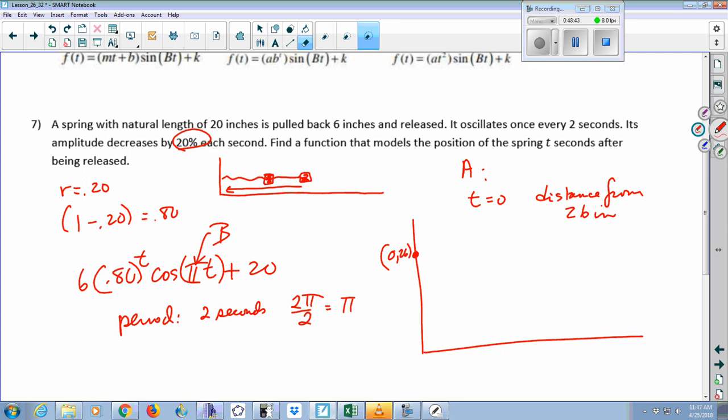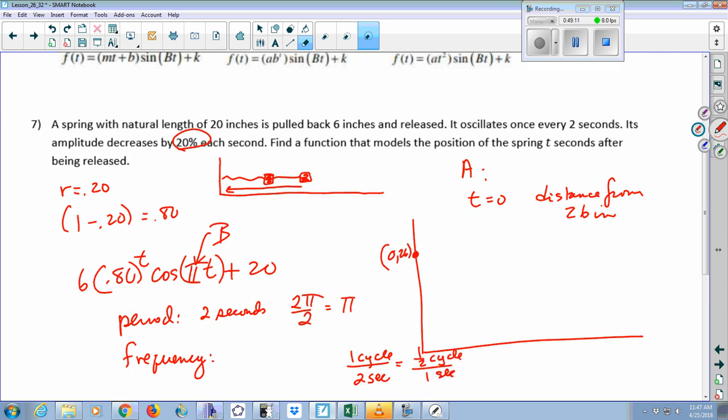I want to give you one other little bit of information. I mentioned this to you before. I called it omega, but now I want to be a little more specific. When we say that something oscillates once every 2 seconds, so one cycle every 2 seconds, do you see that that's the same as a half cycle per second?